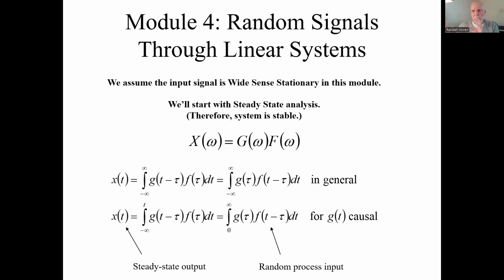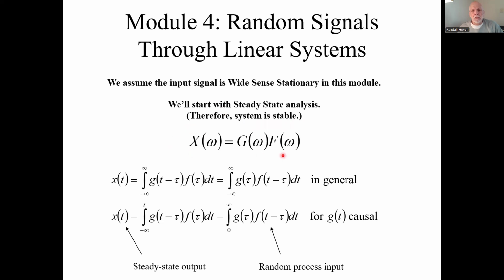We're going to look at these things both ways, but we're going to start with the steady state analysis, the more frequency domain type analysis, in these cases where we run random processes through linear systems. And for that, because we're looking at steady state, we have to assume the system is stable.